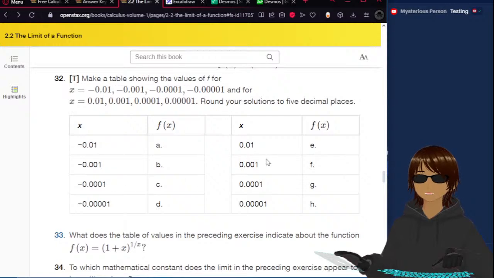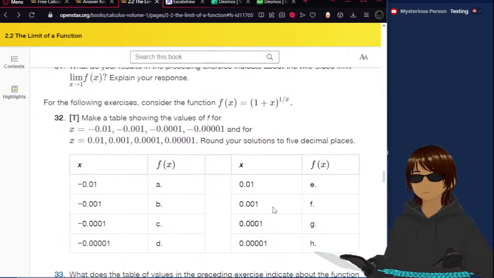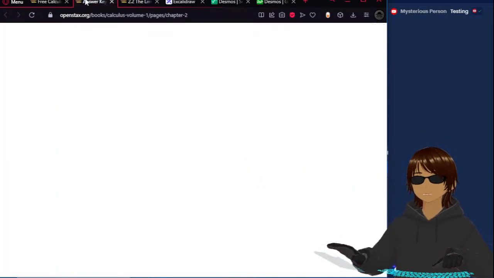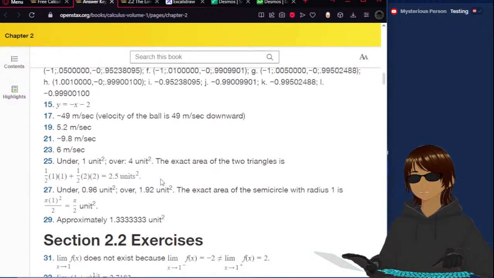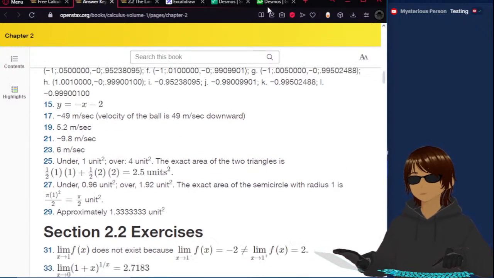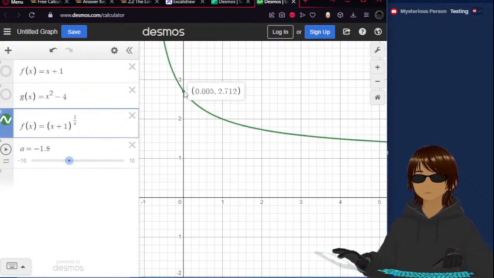It's trying to calculate the limit at 0, and it definitely exists at 0. Oh, yeah, it does exist at 0. Also, the limit, yeah.